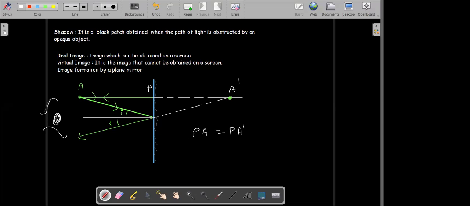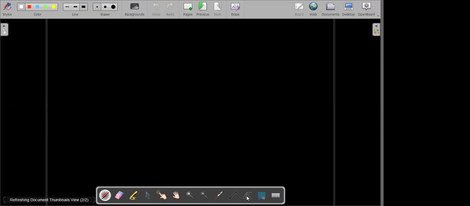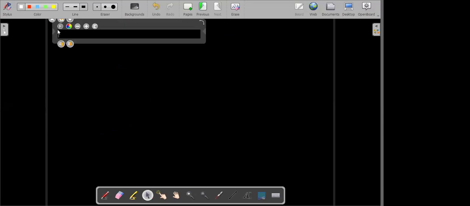Okay, now see what are the characteristics which we see when the image formation takes place in a plane mirror. So we see here characteristics of the image. One by one, we will look at different characteristics.